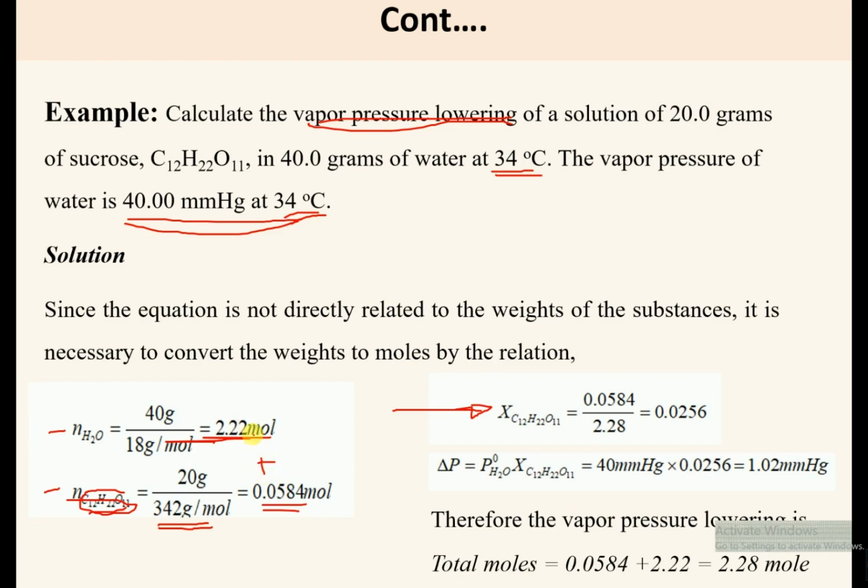If you add them, it is 2.28. So this divided by this, we get this amount. This is the mole fraction, which we called x2. Now it is a direct multiplication: the pressure in its pure form times the mole fraction, and we get this amount. So this is the pressure expected to lower upon the addition of 20 grams of sucrose to water. This much vapor pressure is lowered.